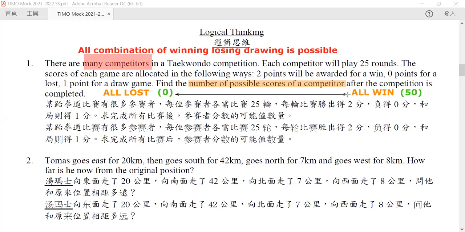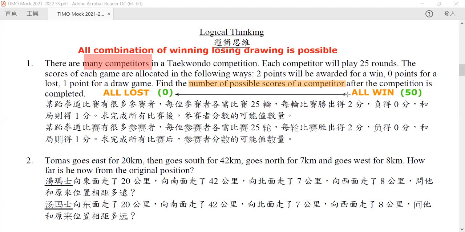So for all this competition, it is impossible for you to get an odd number of score, because in all the games, either you get 2 or you get 0. These are all even numbers. So it's impossible for you to get an odd number if you do not get 1 point for drawing.